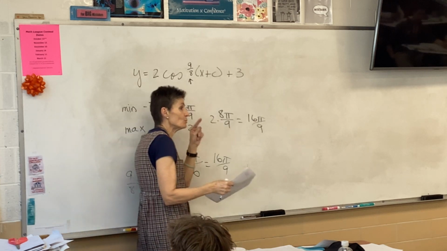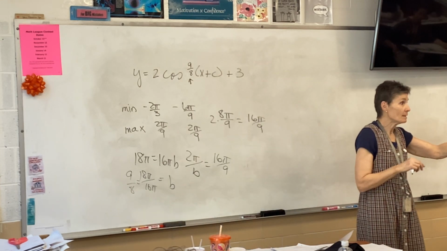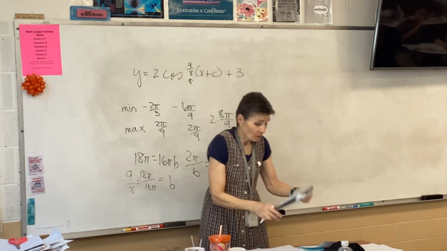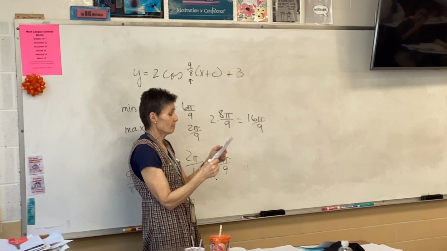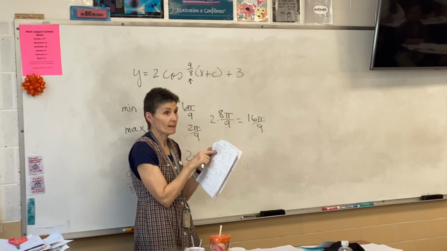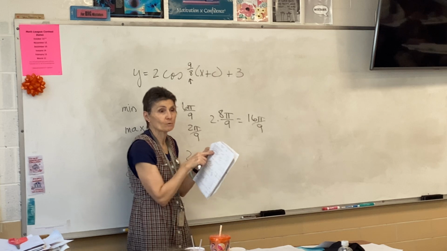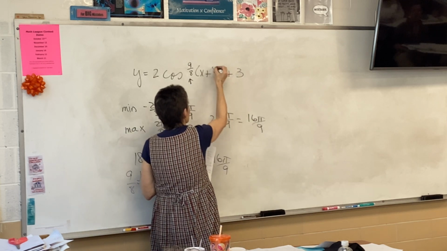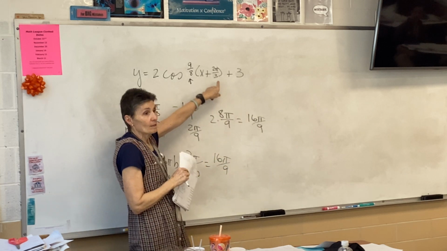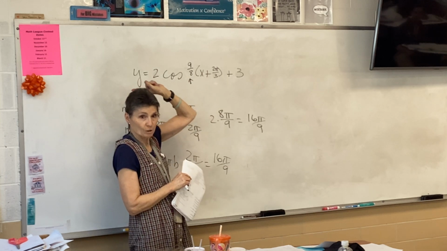So where do cosines start? They start either at a minimum or at a maximum. So if you choose to start your cosine at negative 2 pi over 3, would that be a minimum? That would be okay. I could start it there. If I choose to start it at negative 2 pi over 3, then your C is going to be 2 pi over 3, because what happens when you have x plus 2 pi over 3? You go backwards.